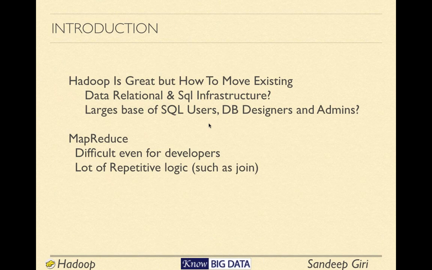Just like Pig, Hive is also trying to avoid the pain of writing MapReduce code, because writing MapReduce code requires a lot of effort. MapReduce code is even difficult for developers. There will be a lot of repeated logic such as joins, and therefore MapReduce code is not great when it comes to real-time scenarios.